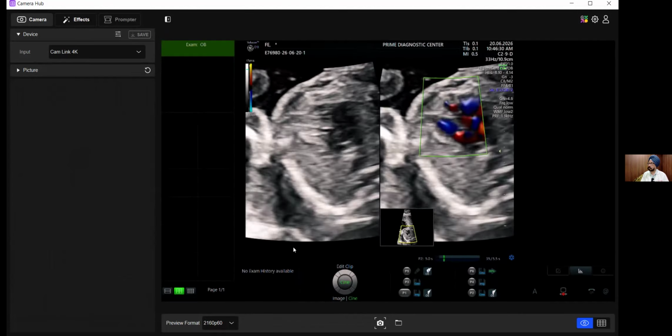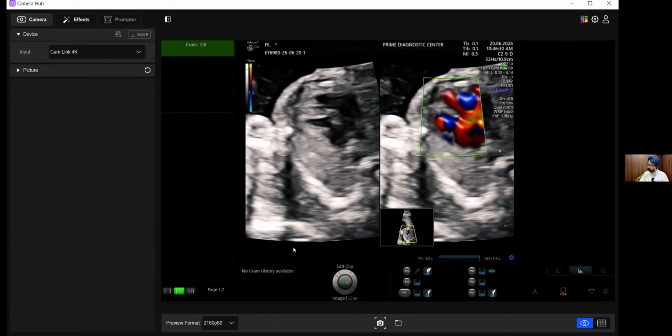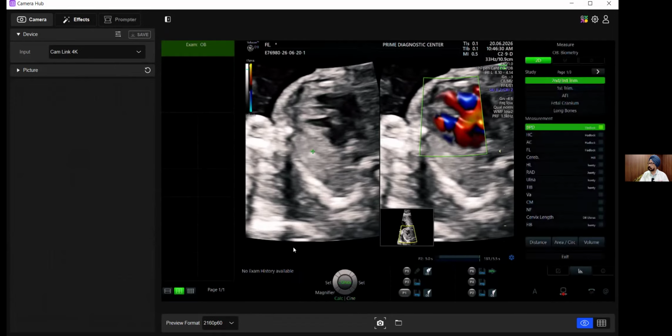And let me scroll up and down if I can do it here. Maybe something like this. We have an annulus, but it's not a true annulus. But you can actually take a measurement of the annulus like this and see it is about 2 millimeters.